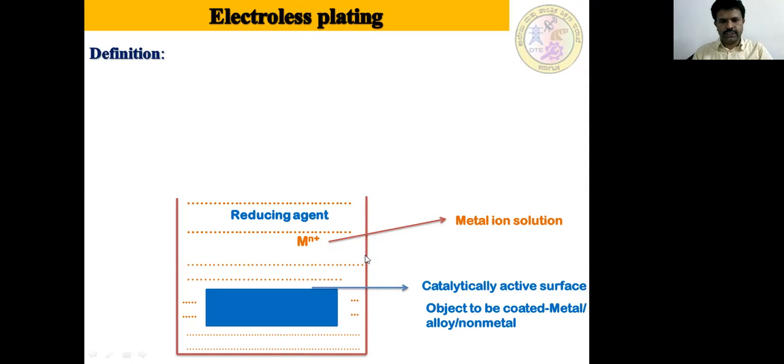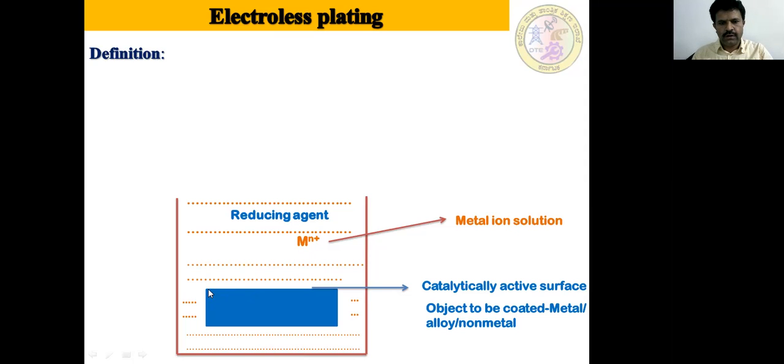If you look at this picture, here I have taken some object, a substrate. I need to deposit a layer of metal on it. How to do that? The very important requirement is the electrolyte solution, which must contain the metal ions.